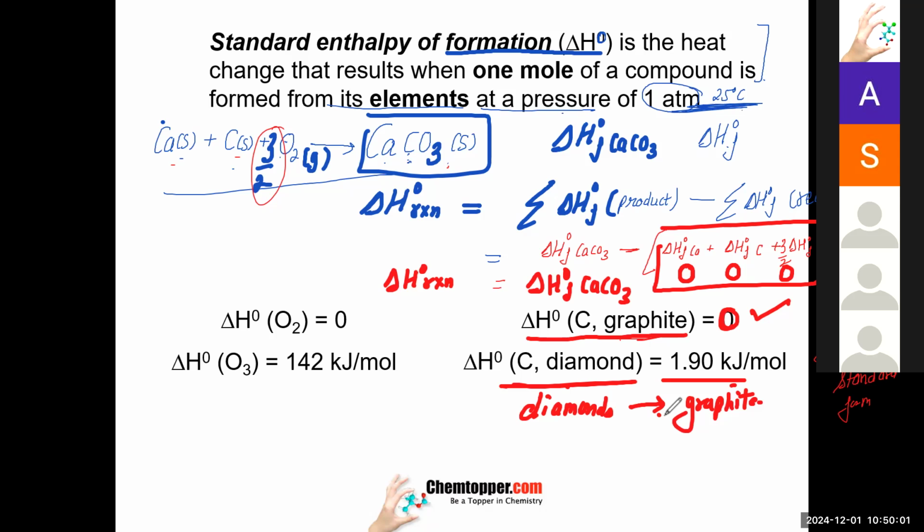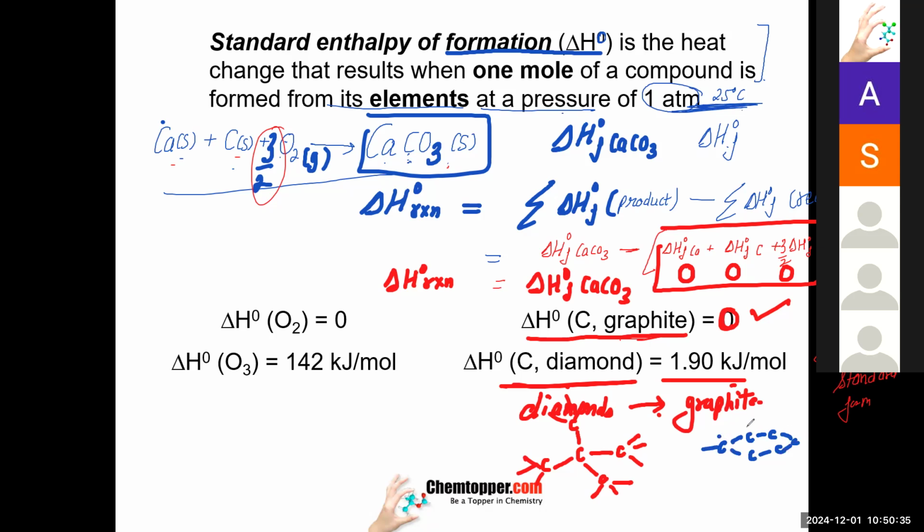Diamond to graphite, yes. If you remember the structure of diamond, diamond has tetrahedral, you remember? Each carbon is tetrahedrally bonded to 4 more carbons. This is diamond. And in graphite, each carbon is bonded to 3 more carbons, and then you have hexagonal layers like this.